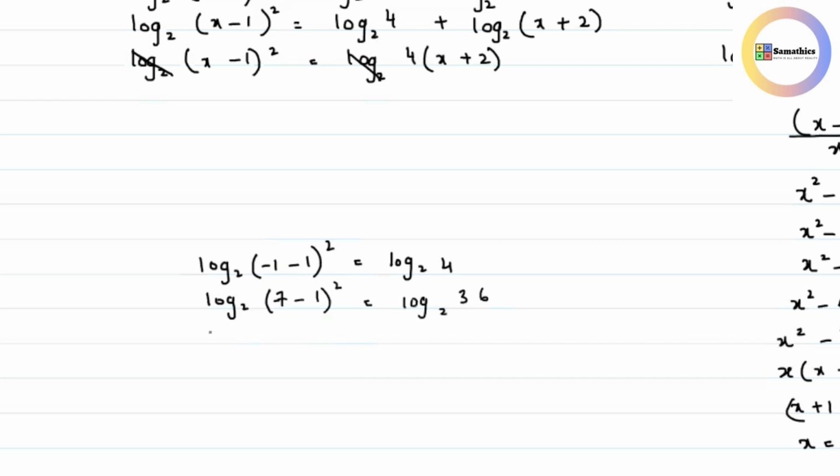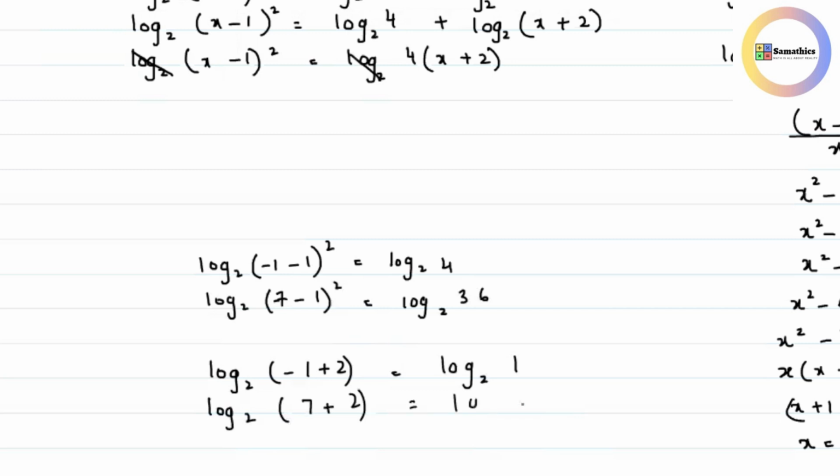And if we substitute in this log 2 (x plus 2), minus 1 plus 2, it will be log 2 of 1. When we substitute 7, 7 plus 2 is log 2 of 9.